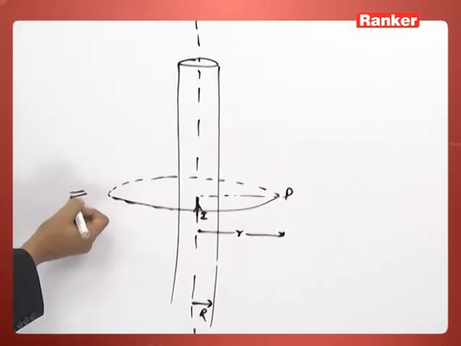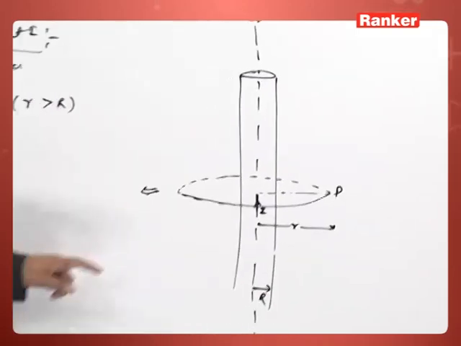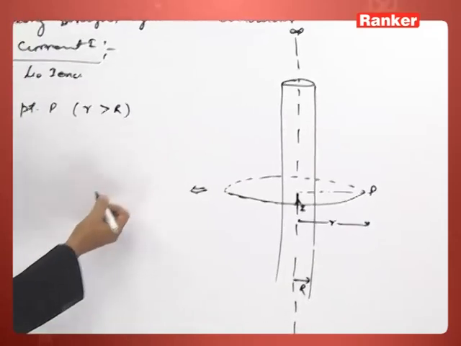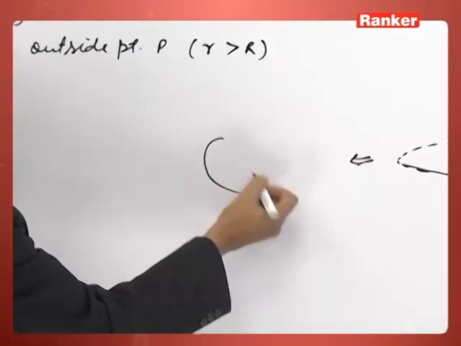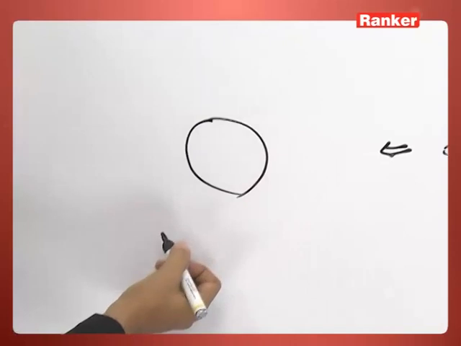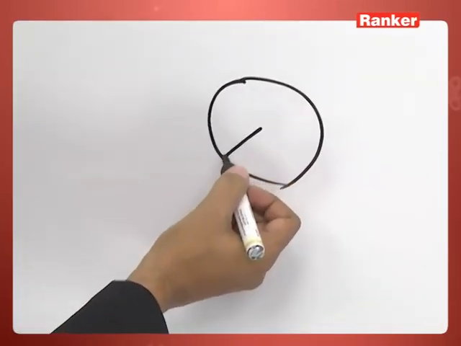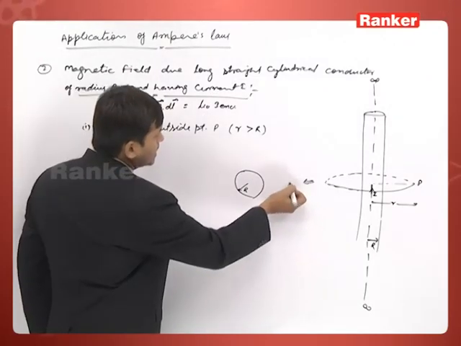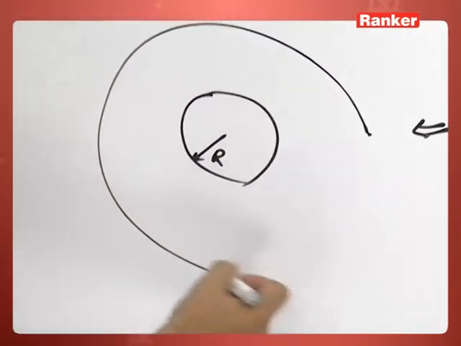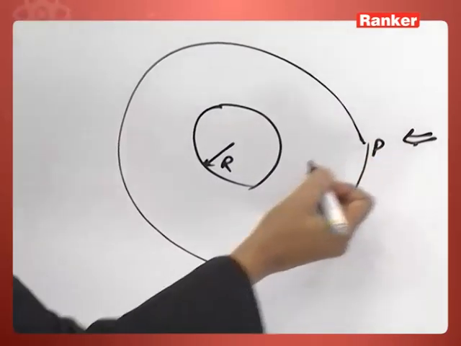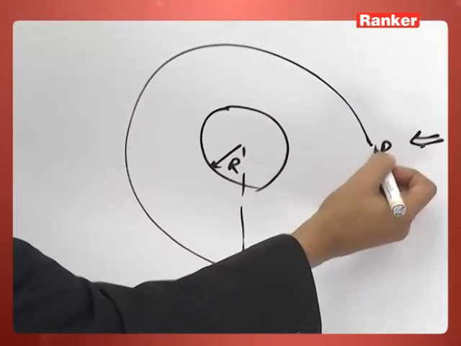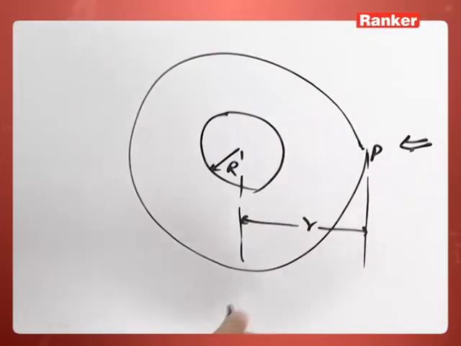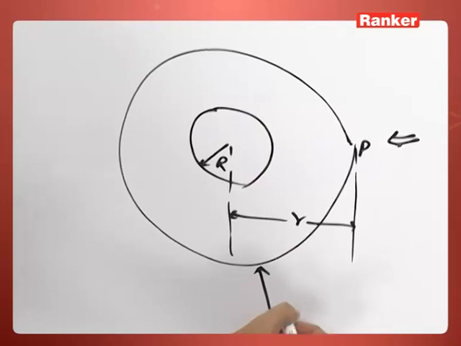Now we can have a diagram in another plane just by rotating our plane by 90 degrees. So this is our cylindrical conductor of radius R, point P is somewhere here, this is the distance small r, and this is the Amperian loop.